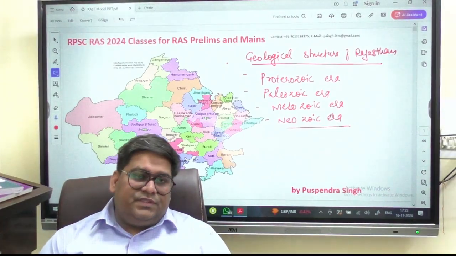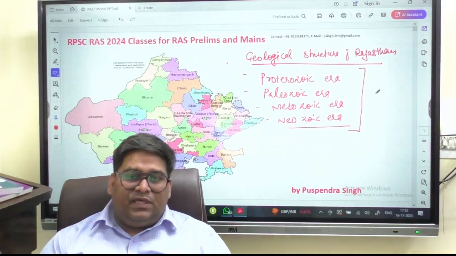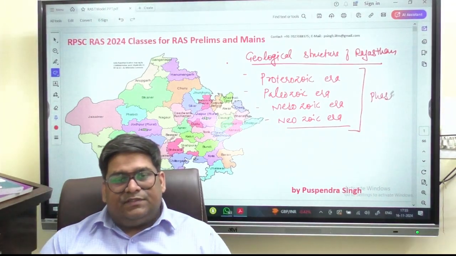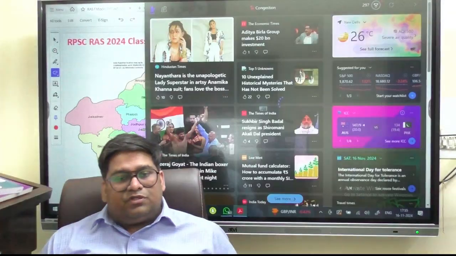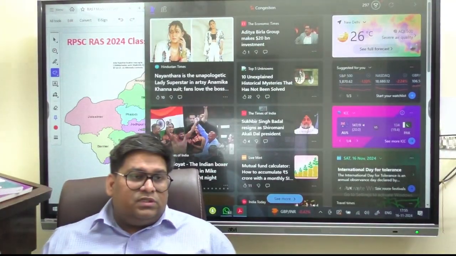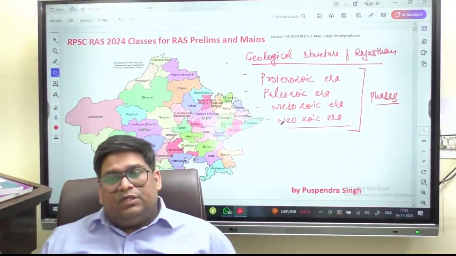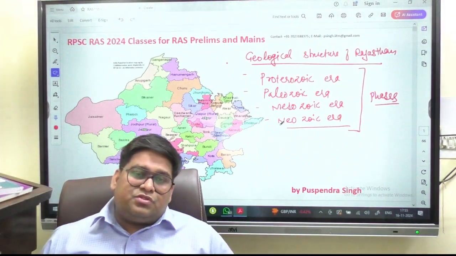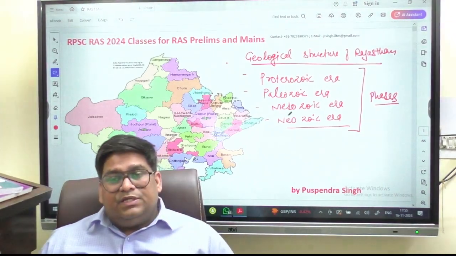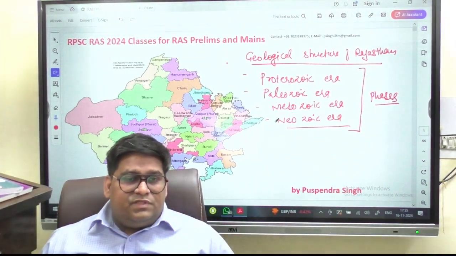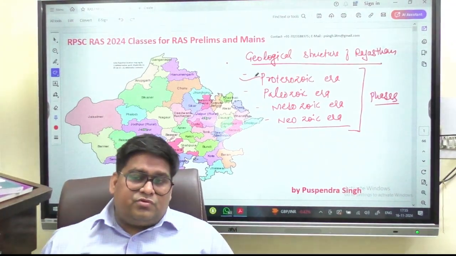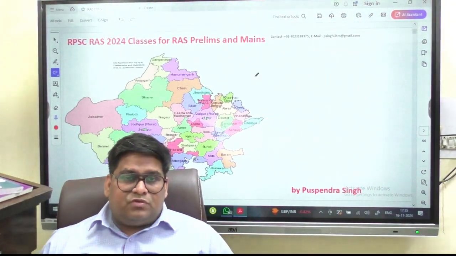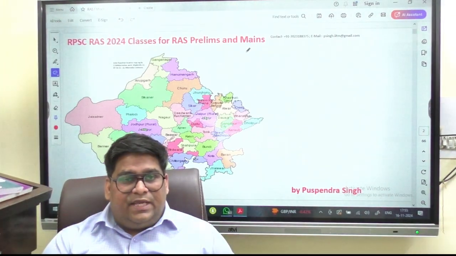So these are basically the phases in terms of how the geological structure of Rajasthan has undergone changes. One by one we will see. First of all, we will see the Proterozoic era in the context of Rajasthan.